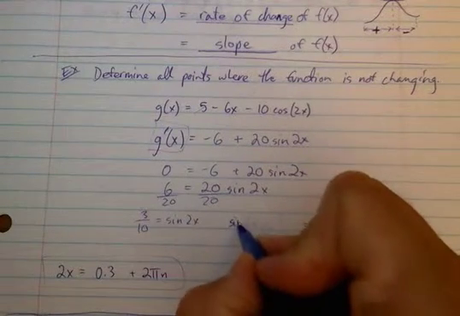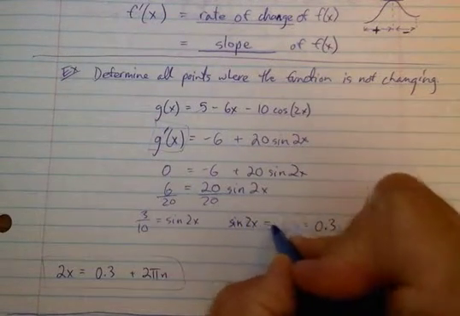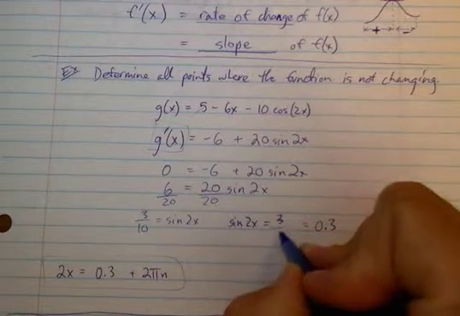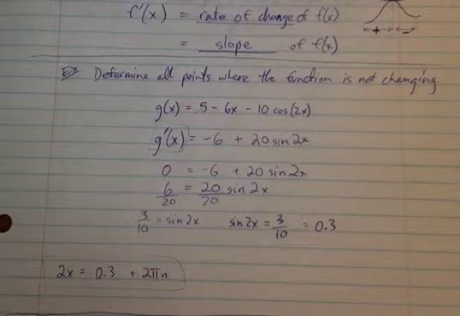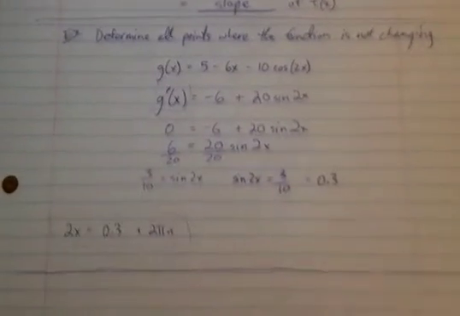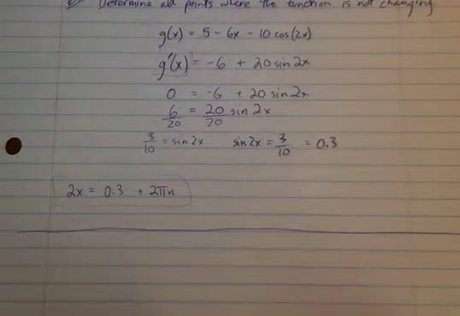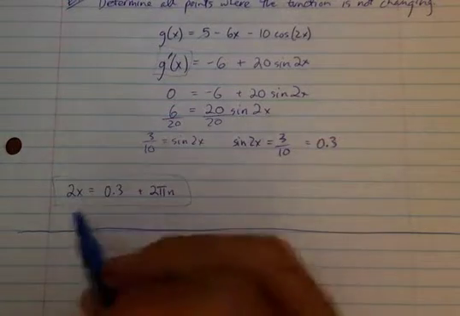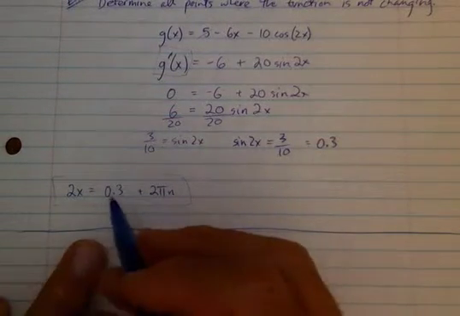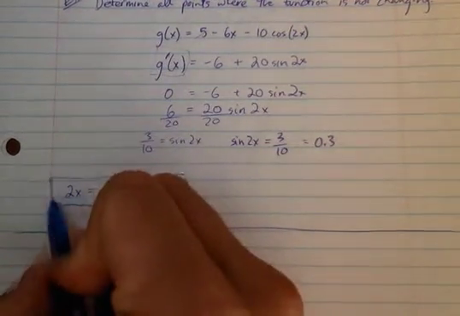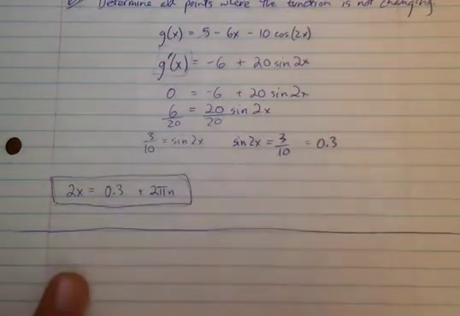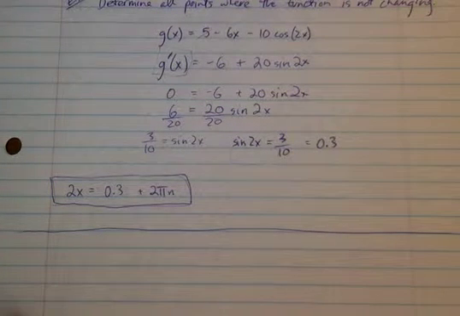So yeah, if we have that, that means that it equals 0.3. And if you don't get this, just go back and review how to solve a trig function. When you have 2x equals 0.3, you say the answer is this, 0.3 plus 2 pi n. Right?